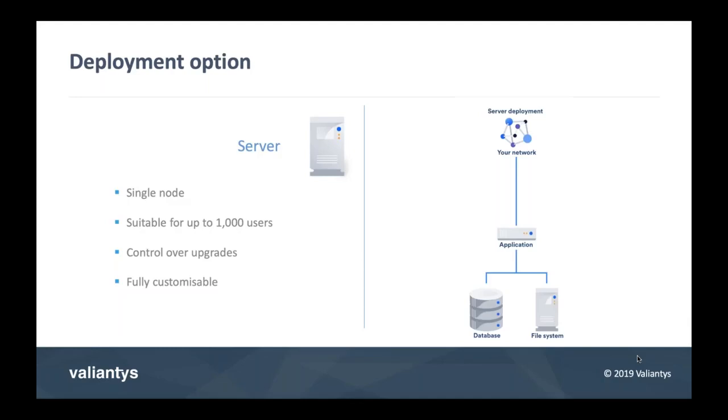But as Atlassian was growing, large companies started adopting Atlassian at global scale. And Atlassian saw that Jira on a single node wouldn't be able to handle all the demand for these big clients. So they had to find a solution for that.